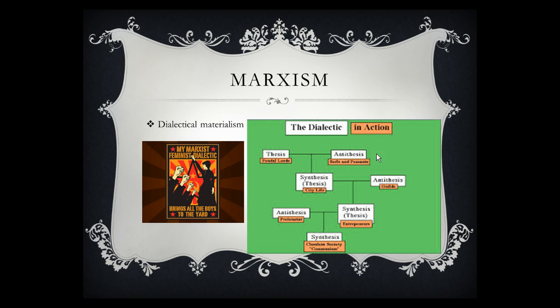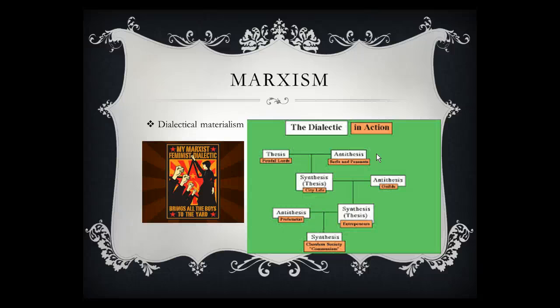And so he is going to then give us a theory of surplus value, saying the true value of a product is labor. Since the worker receives only a small portion of his just labor price, since they're the ones doing all the work, the difference is surplus value. That surplus value is being stolen from the worker by the capitalist.